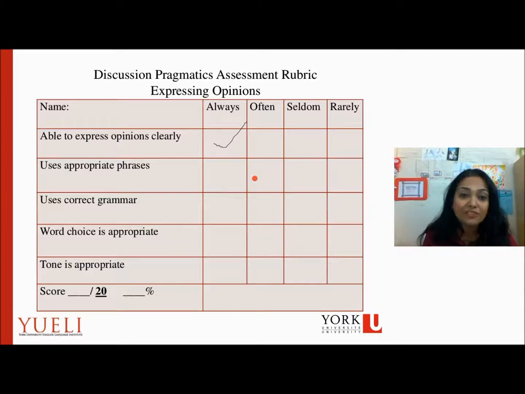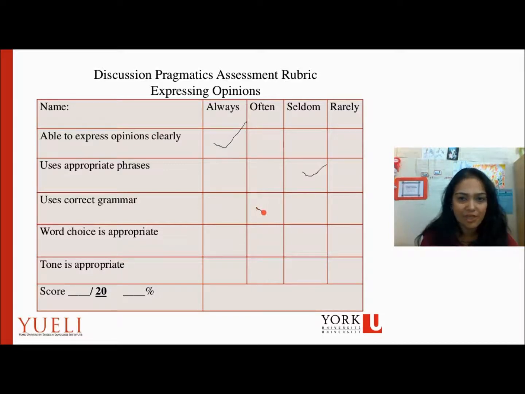So for example, uses appropriate phrases. Say the student hasn't used the phrases very often and mostly used I think. So I would put a check mark here. All right. And then uses correct grammar. Now this is where it's not an always, it is usually at that level. They are pretty good with grammar.